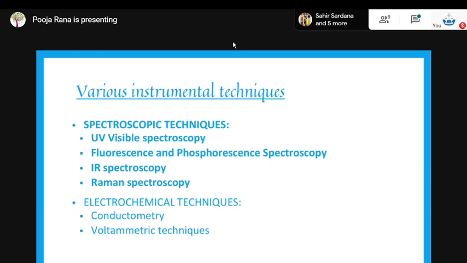Next is Raman spectroscopy. It is similar to infrared spectroscopy, and it is used to observe rotational, vibrational, and other lower mode frequencies.